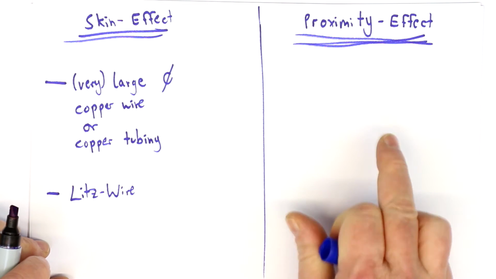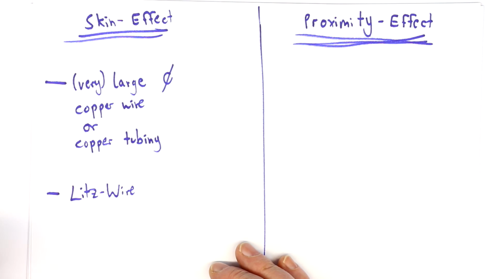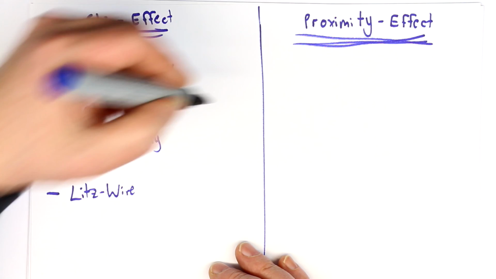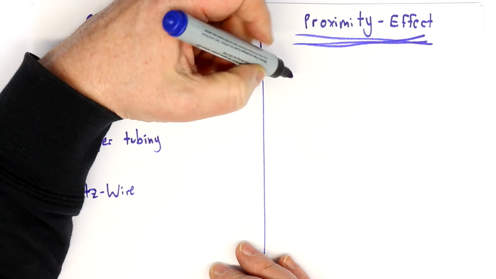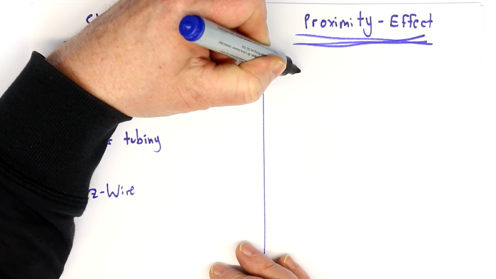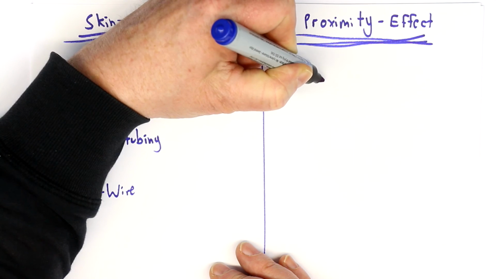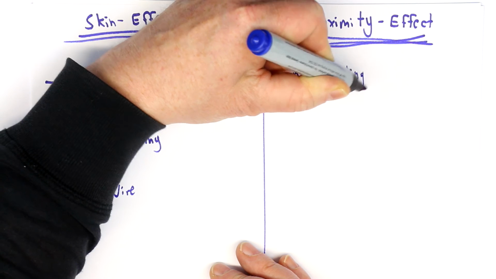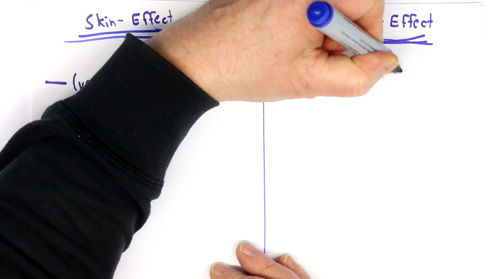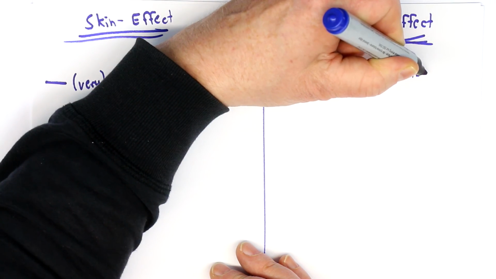But we always have to take into account the proximity effect. And how can we counteract it? First of all, never put winding on winding or turn on turn. So only use, if possible, just a single winding.